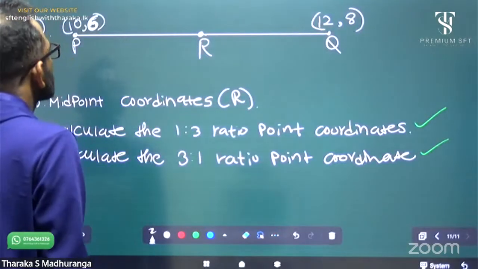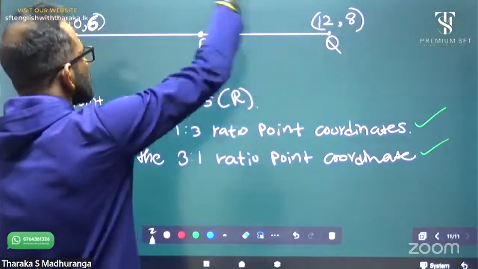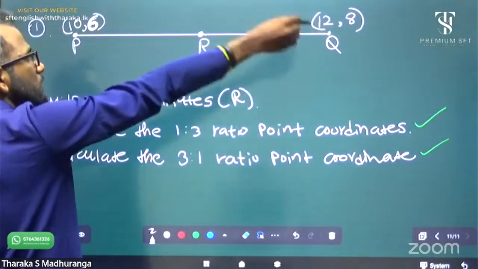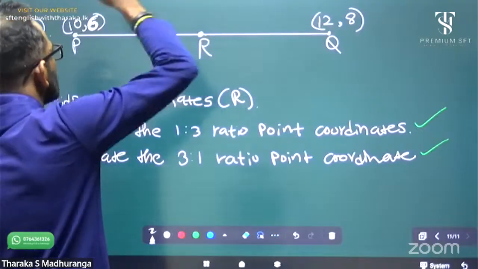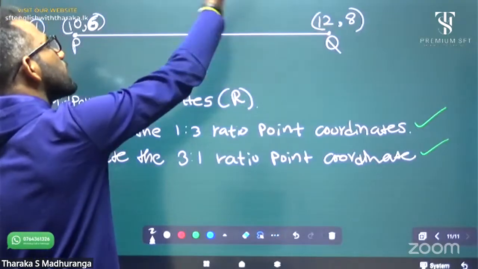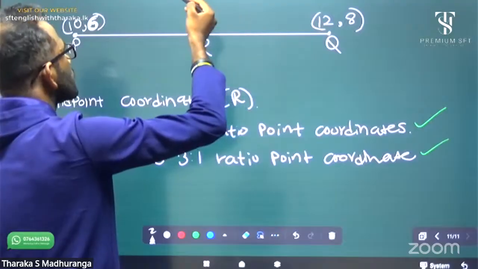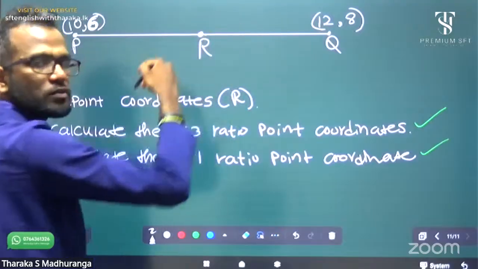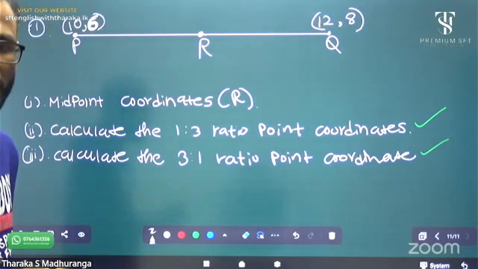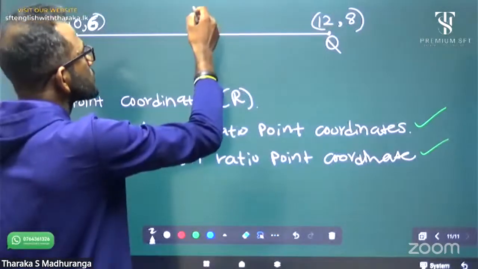How to get this? 10 plus 12, x1 plus x2, it is 22. 22 divided by 2, it is 11.